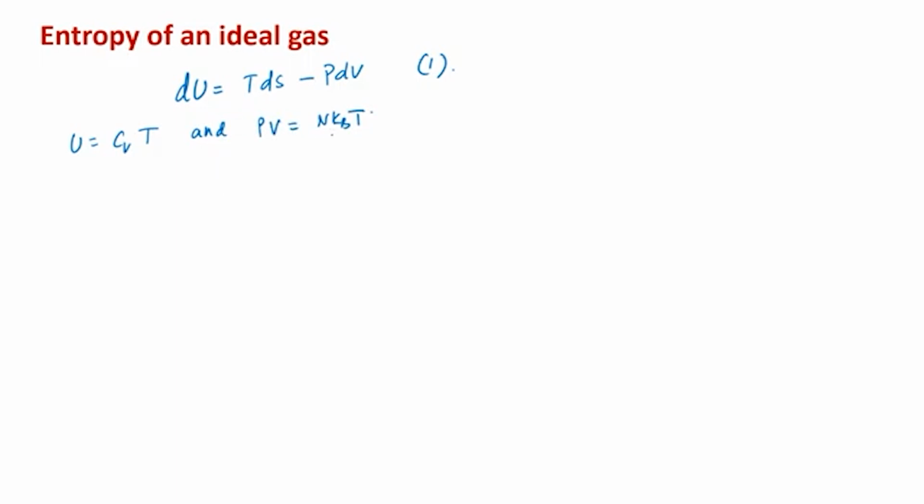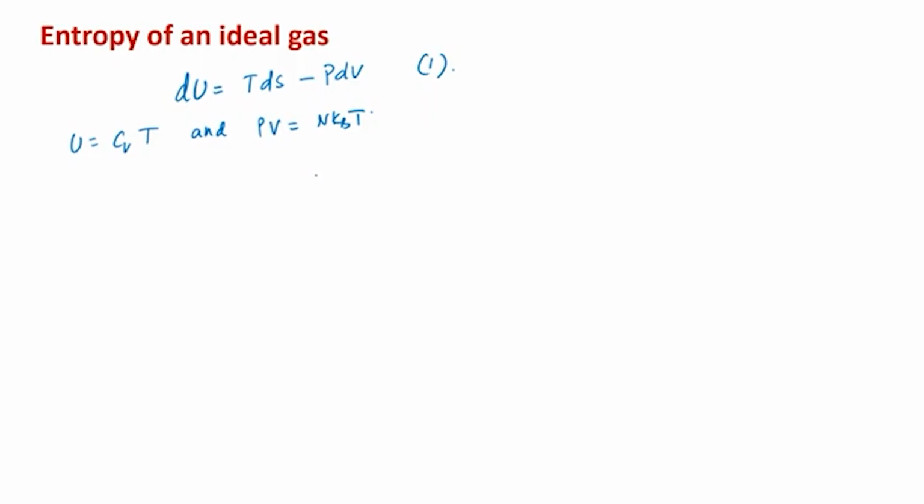I will be using the Boltzmann constant rather than the gas constant in most of these cases, but some of the books prefer using the universal gas constant, where nk is nothing but equal to R.